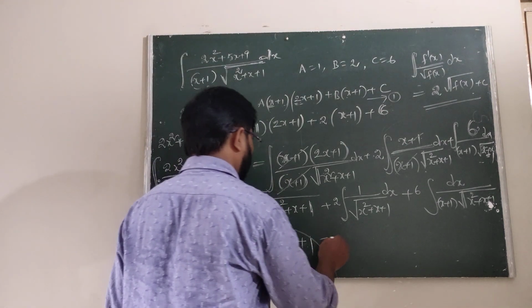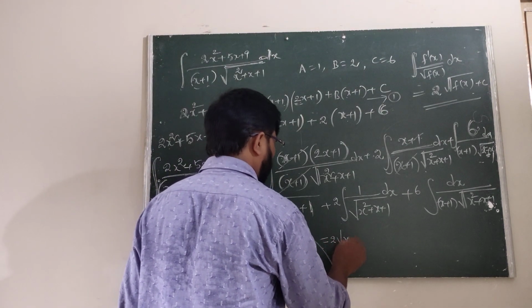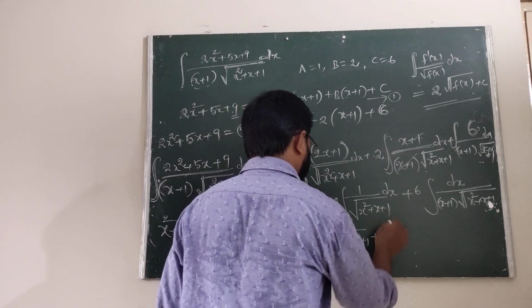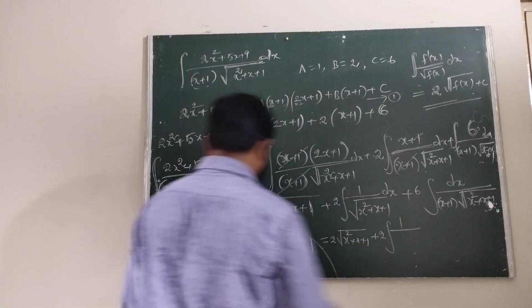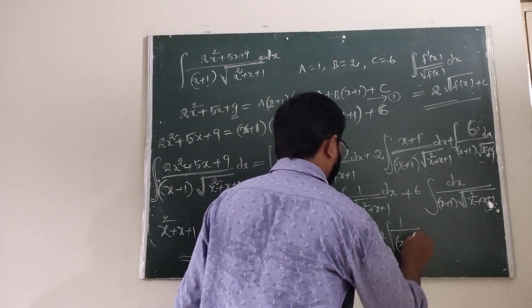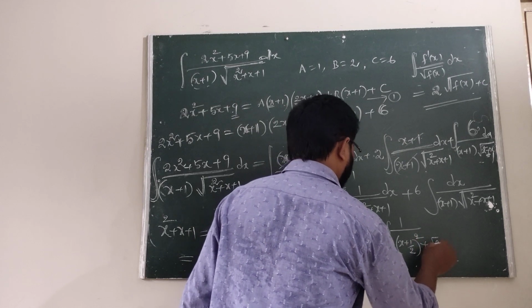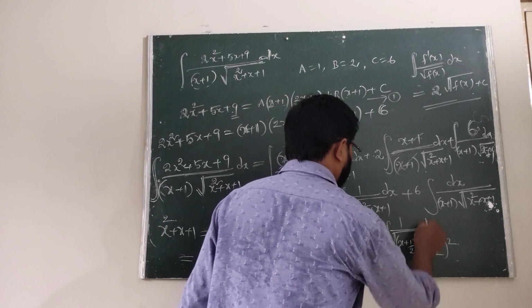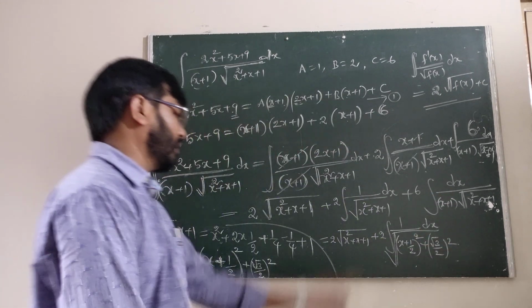Here we are getting 2 into root of x square plus x plus 1. After that 2 into 1 upon root of x plus 1 by 2 whole square plus root of 3 by 2 whole square dx. How to write the last one?